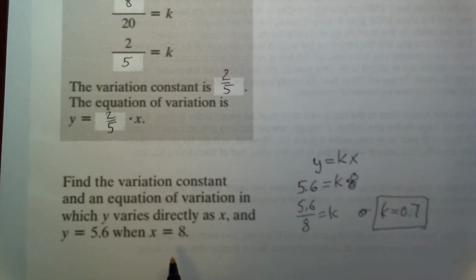And the equation of variation, that was the other question, what's the equation of variation? Well, it's y equals 0.7x. So in these type of problems, there are usually two questions, what is k and what's the equation of variation.